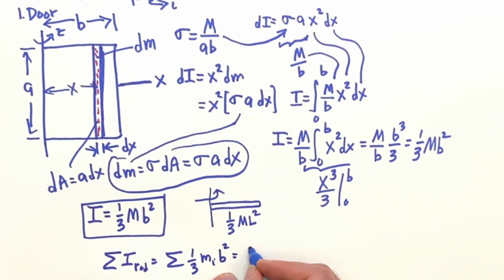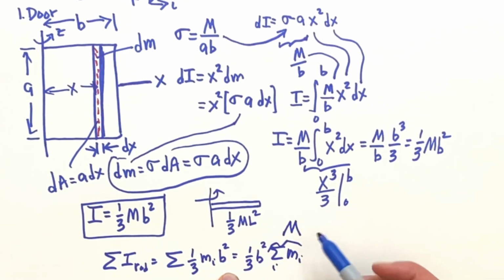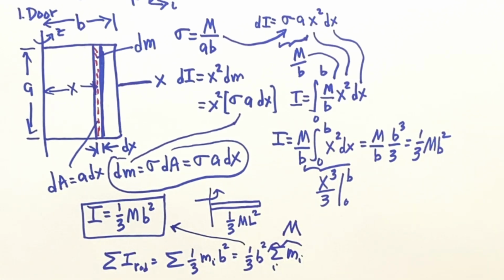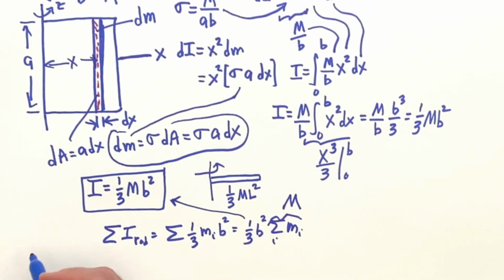But see, then 1/3 is constant, b is constant, all the rods are the same length. So this is just saying sum up the masses, which would be capital M, which is what we got here. So really, we didn't really have to do this. We could have just noticed that and then written down the answer. But it was good practice.